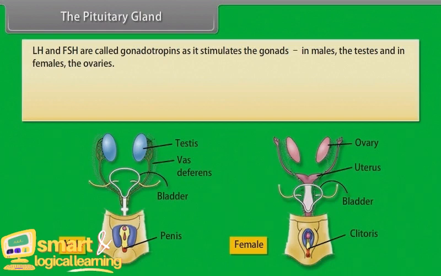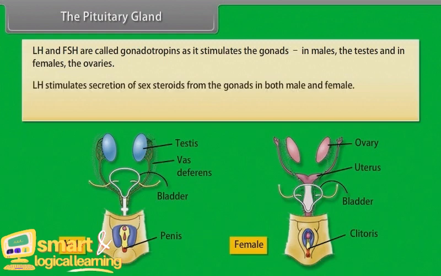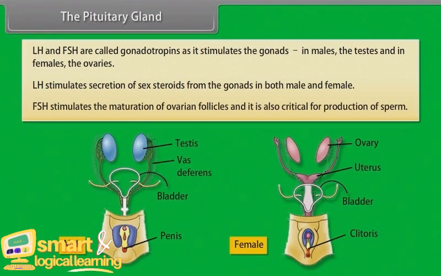in females the ovaries. LH stimulates secretion of sex steroids from the gonads in both male and female. FSH stimulates the maturation of ovarian follicles, and it is also critical for production of sperm.